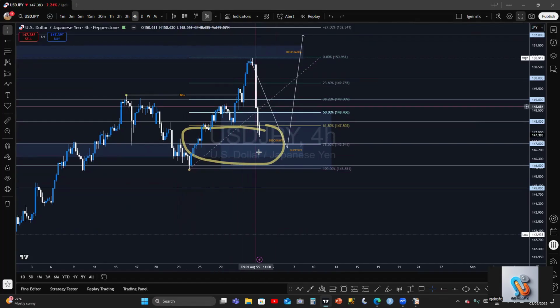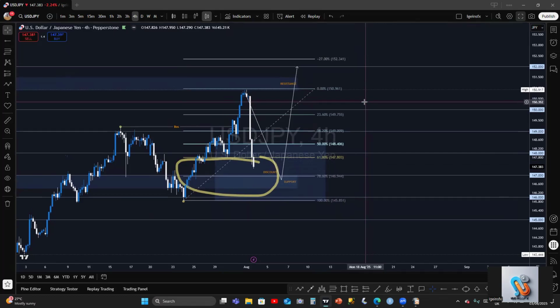But if it fails to break down this level, it's going to be regarded as a weak high. That means once price turns from here, we are going to be targeting this high, because price will need to give us another high.